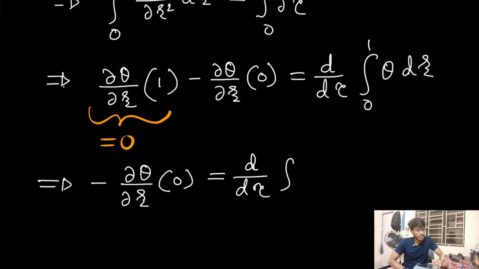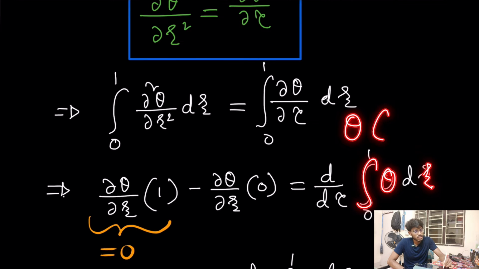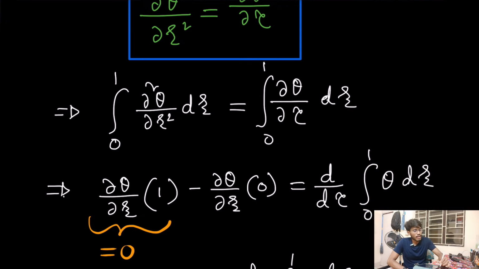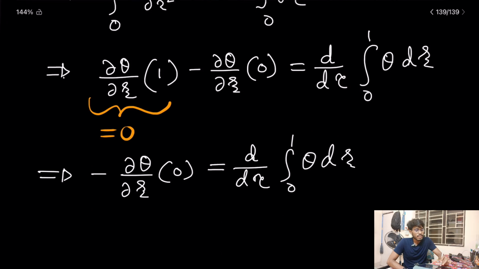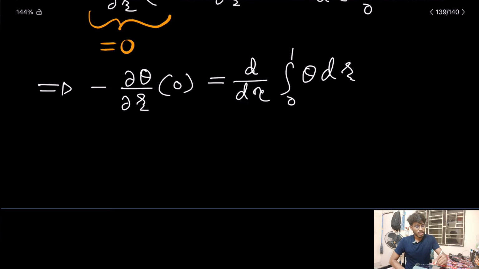Here I will give you some words of caution: here I had written del, but here I have written d, because the moment you integrate theta with respect to xi, theta, which previously was a function of xi and tau, is now only a function of tau, not of xi. If you write del here, that will be totally incorrect. So this is my integrated governing equation, clear?